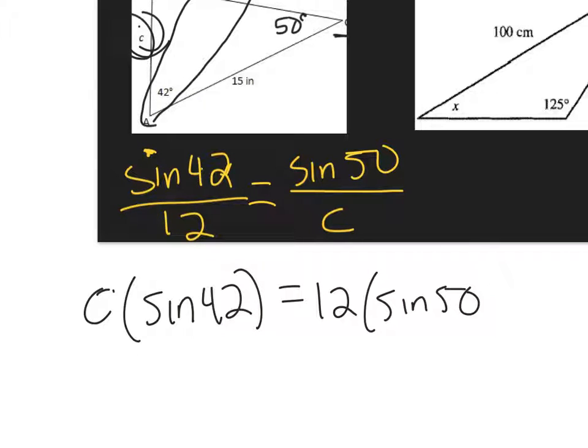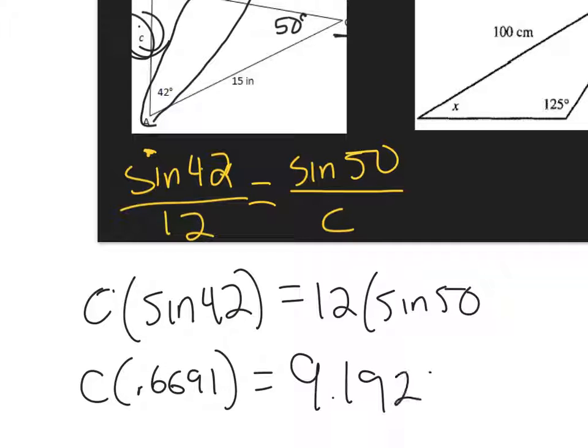So sine of 42, throw that in your calculator. That's going to be C times 0.6691. And then the sine of 50 times 12 is going to give you 9.1925.